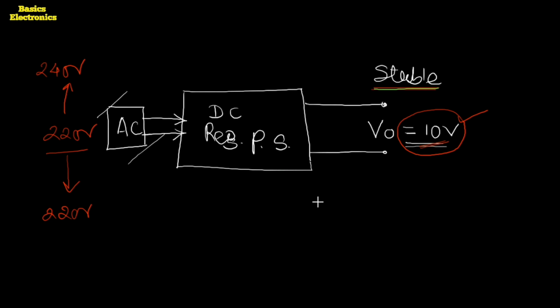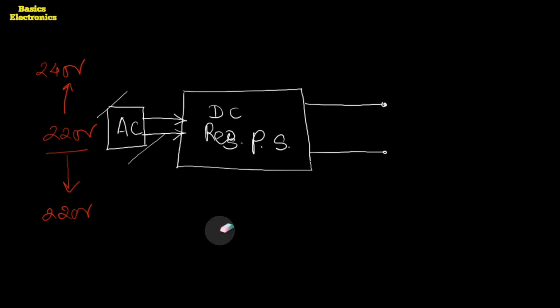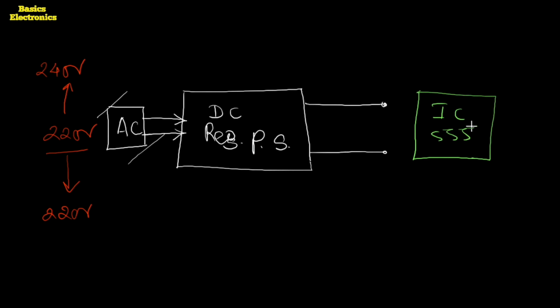Okay, there is one more reason why we call it a DC regulated power supply, the second reason. For example, suppose at the output side we apply one more circuit, a circuit constructed using IC 555, and its output voltage is supposed to be 10 volts.